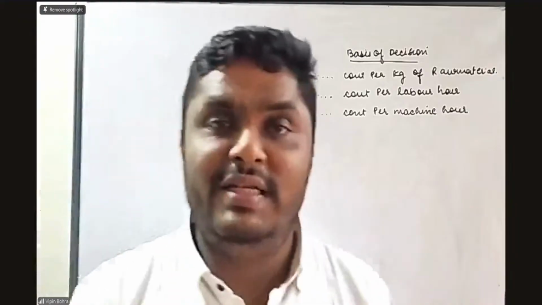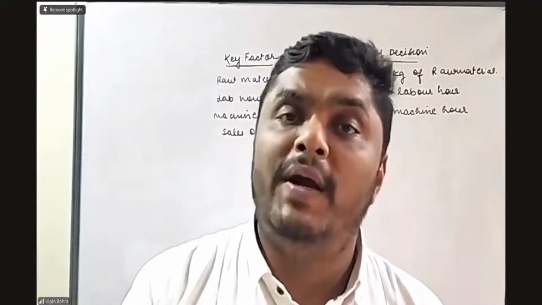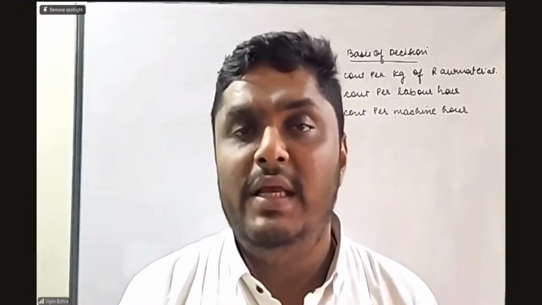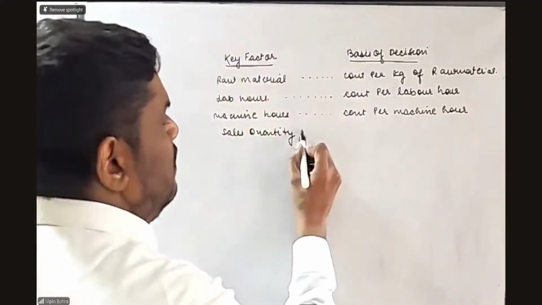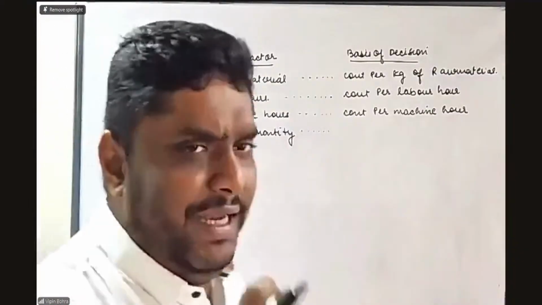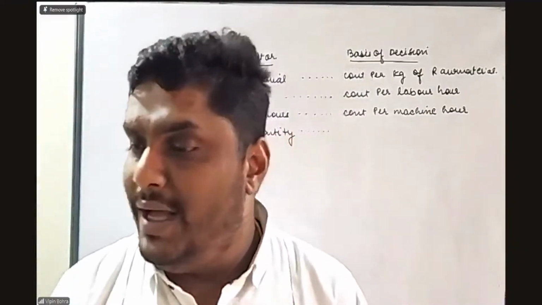I repeat again, there is a restriction that, let's say, at most 20,000 units we can sell of a particular product. So my decision will be based on what? If sales quantity is my limiting factor, my decision will be based on what? Can you guys tell me?